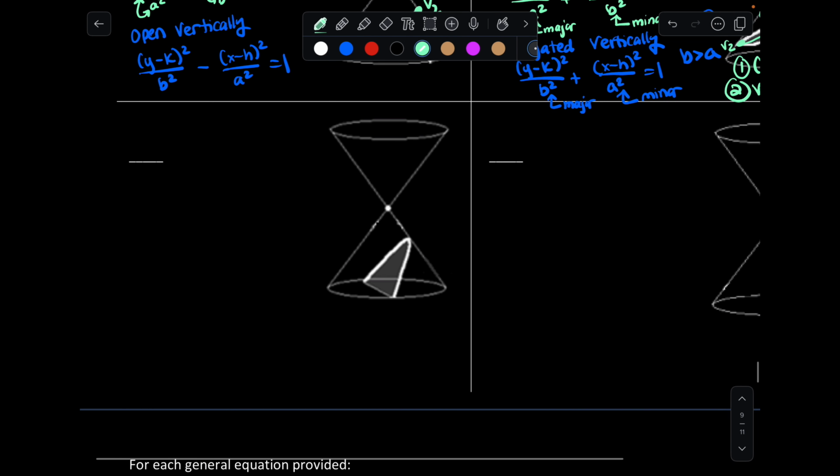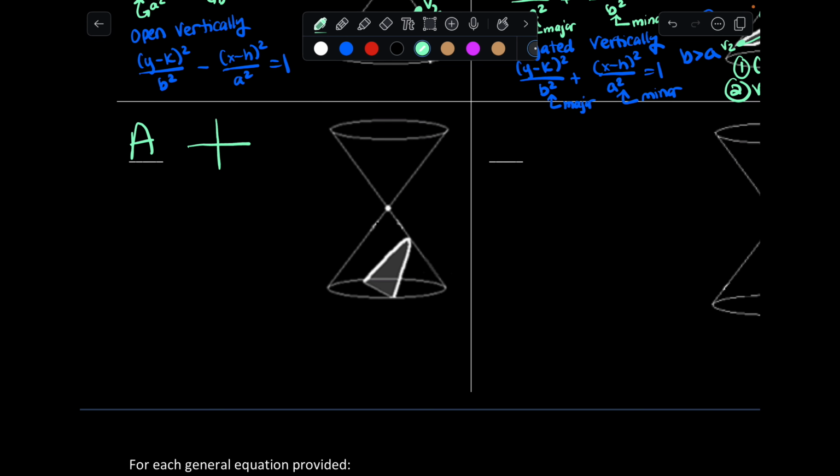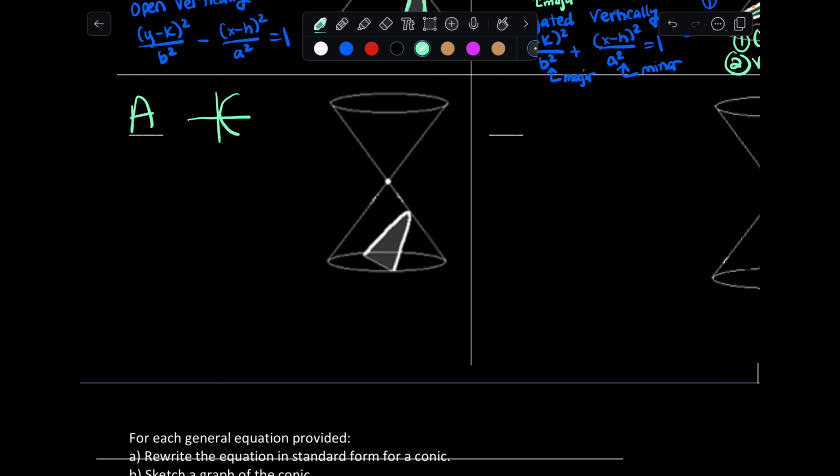All right, here's the familiar one. This is a parabola, so we'll say A. And for a parabola, we're going to have two scenarios. There's a scenario where it can open horizontally, to the left or right. So we could have it open to the right or open to the left.